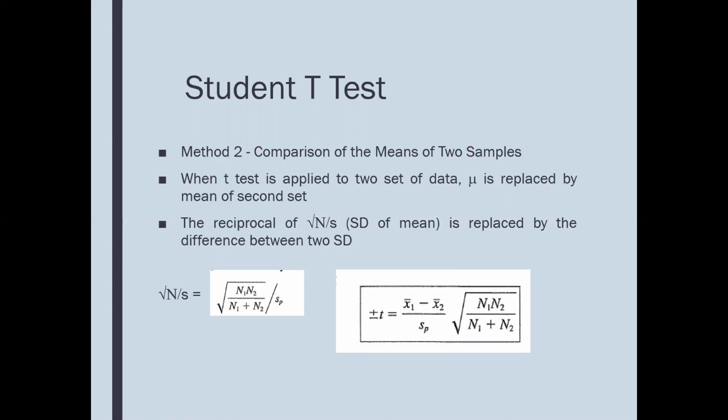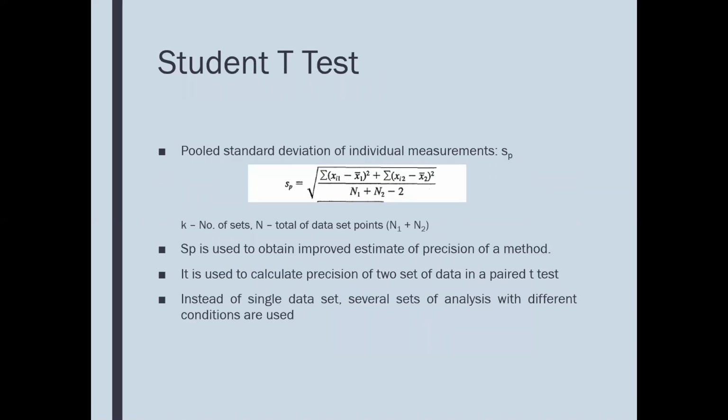So as it shows in the expression, it will now be x1 bar minus x2 bar. The square root of n upon s now will be replaced by the term that is written there, which incorporates both the data sets, that is n1 and n2 for the two methods.